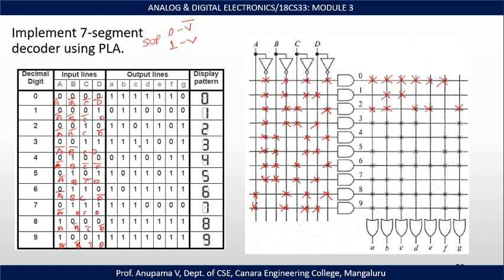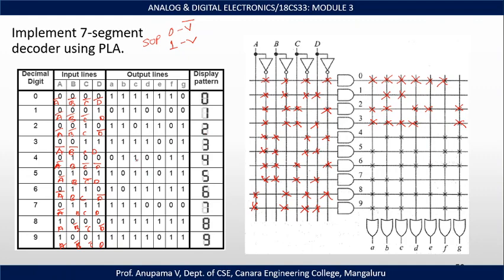Similarly, next entry in the truth table is 1111001, that is A is set to 1, B is set to 1, C is set to 1, D is set to 1 and G is set to 1. So, except E and F, for all other entries I draw the X mark.